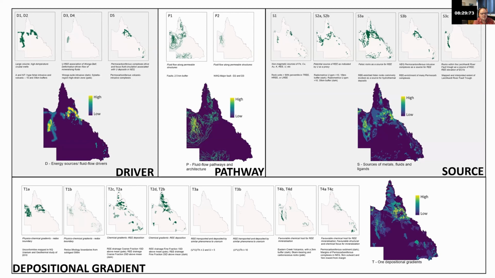It takes real geoscientific data, applies confidence, applicability, and definable measures to the degree to which you want to rely on different types of data, and then develops overlays and combines overlays of driver, pathway, source, depositional gradient in order to gauge prospectivity. And Geoscience Australia also developed a Python tool that allows you to run that within ArcGIS.